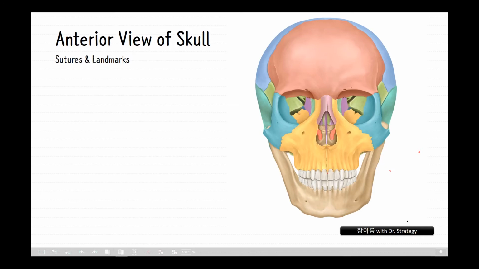Let's start with gnathion, which has a variable definition. Generally and craniometrically, it is the most inferior point of the mandible in the midline. In that case, this can be a gnathion, but orthodontically, because we are dentists, it denotes the point located perpendicular on mandibular symphysis midway between pogonion and menton.